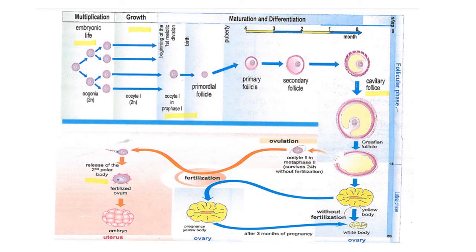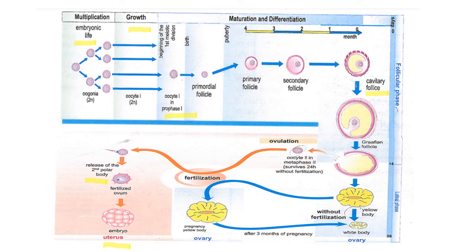If there's no fertilization, it will not continue meiosis 2. The fertilized ovum is produced. We have 2N chromosomes because N from the sperm and N from the ovum. We have the embryo. The embryo will start its first mitotic division and will develop in the uterus. This is the folliculogenesis versus the oogenesis.